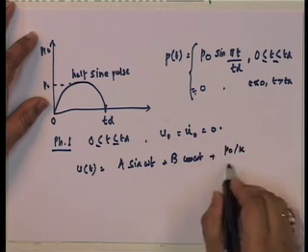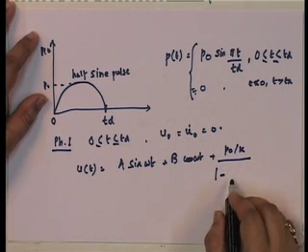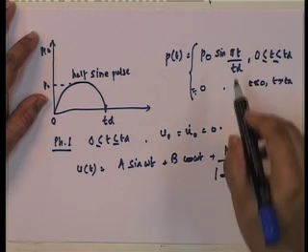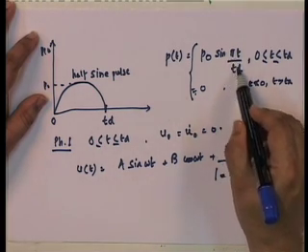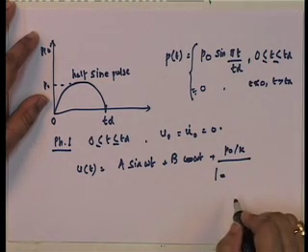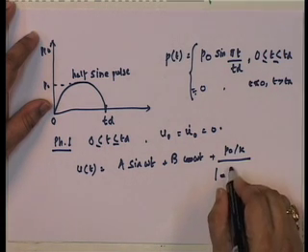This is equal to plus P naught upon k into 1 minus beta squared. Beta is omega bar upon omega.